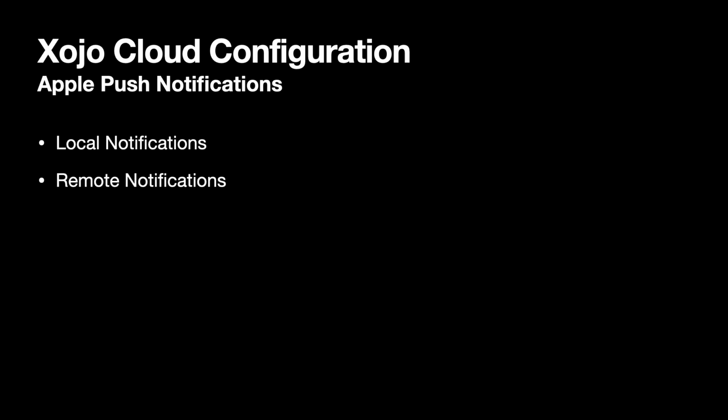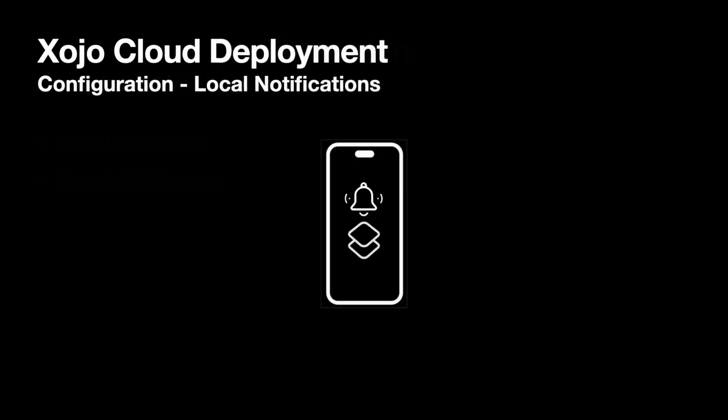There are local notifications and there are remote notifications. So a local notification is one that happens completely locally on the device. For example, the Reminders app on iOS, you set a reminder for a date and time, and the app, when it gets to that date and time, it creates a notification on your device.